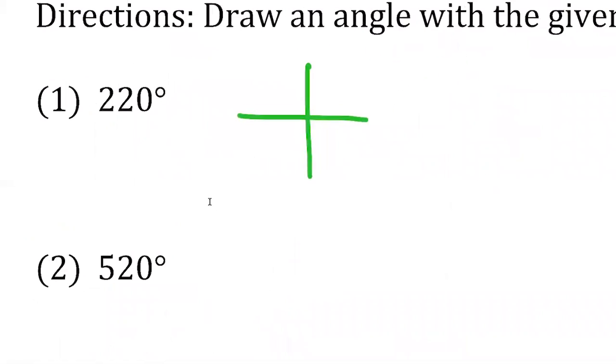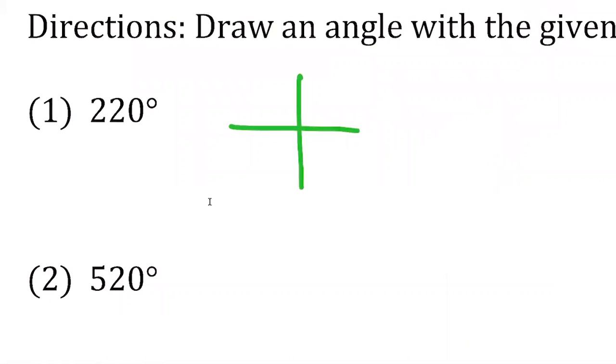So if we look at 220 degrees, it's important to note that the initial side is marked at the origin along the positive x-axis line. And the terminal side is going to go around the circle until it reaches about 220 degrees. So if I only go to here, that would be 90.